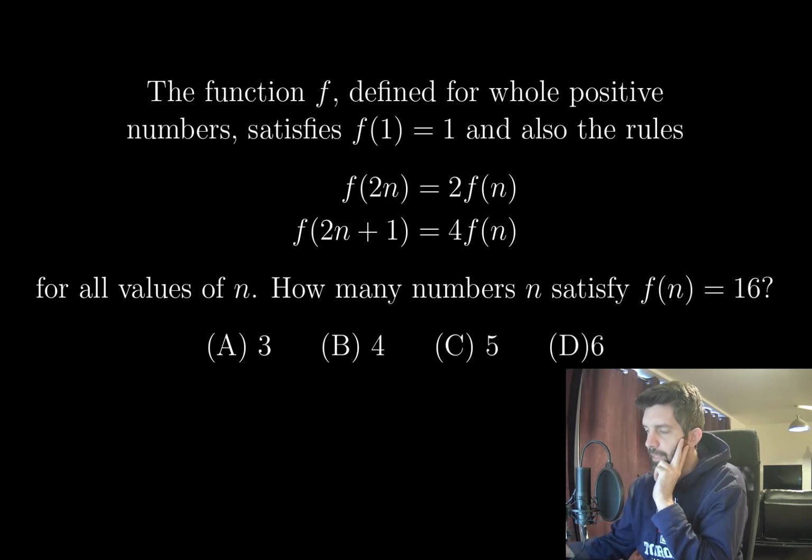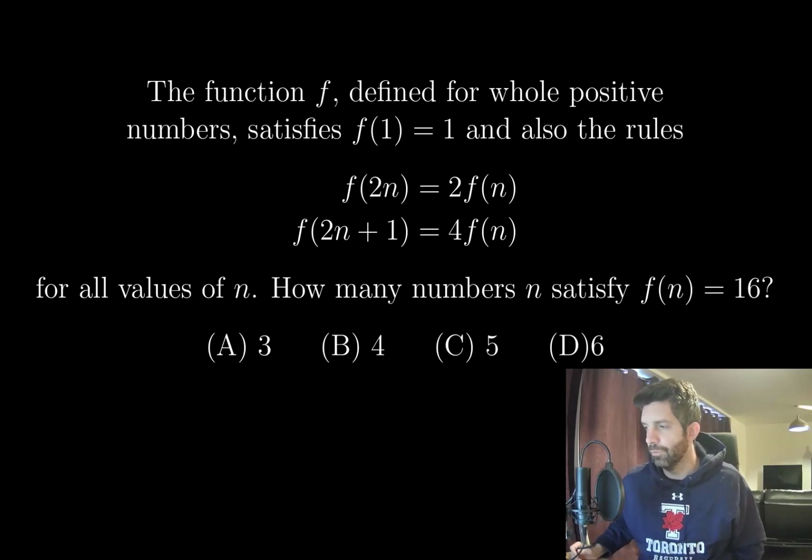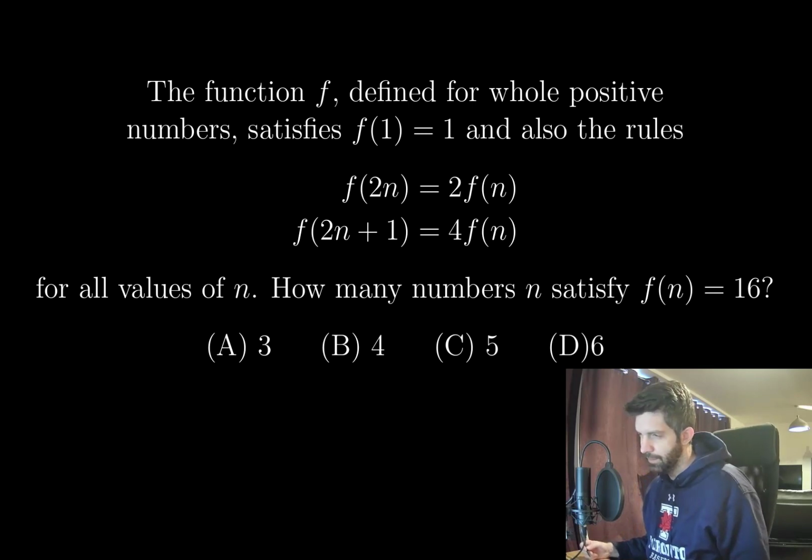Another way of doing this is to just let f of n equal to 16, and then substitute that into the two rules and figure out the other values of the argument of the function where this has to be equal to 16.